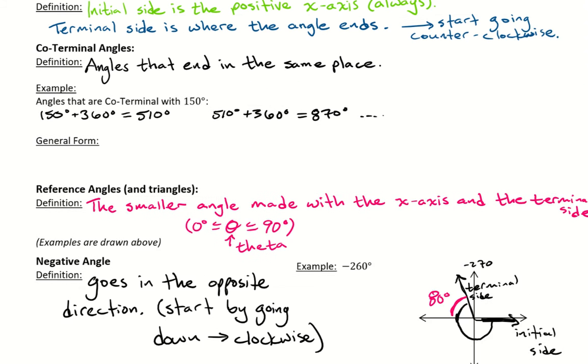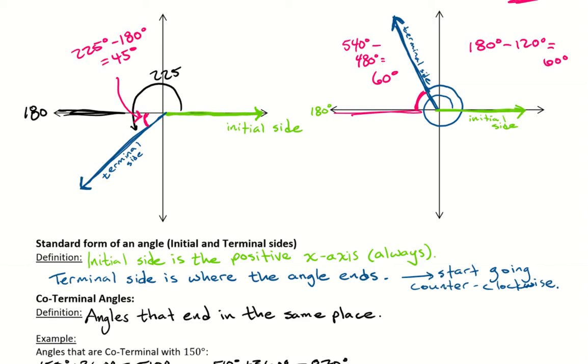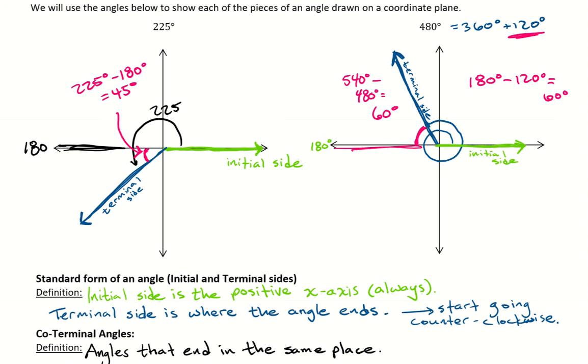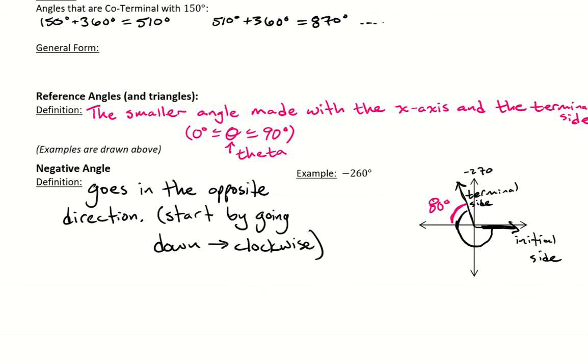And then I just want to go back and add the general form for coterminal angles and another example. So remember, coterminal angles are angles that share the same terminal side. And we were just adding 360 to these. So we were doing one more loop and then one more loop, so on forever. And we're seeing that we can do that as many times as we want. But with negative angles, you can go in the other direction and you could still land on that same spot, right?